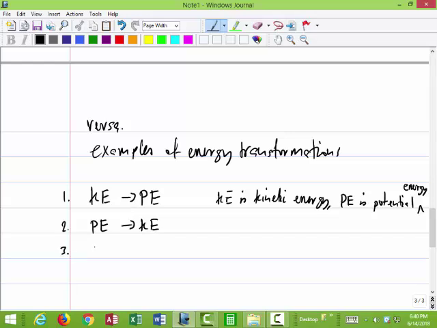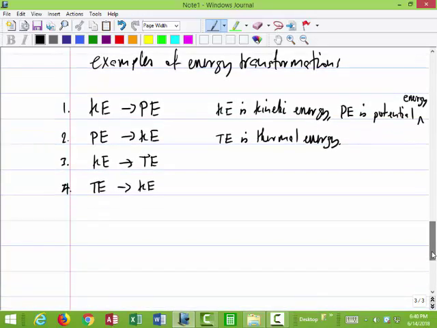And then we can also have kinetic energy to thermal energy, and from thermal energy to kinetic energy. And this is not the only list of energy transformations that you can have. There are multiple energy transformations. I'm giving you just these few as an example. You can also have kinetic to potential to chemical and so on.